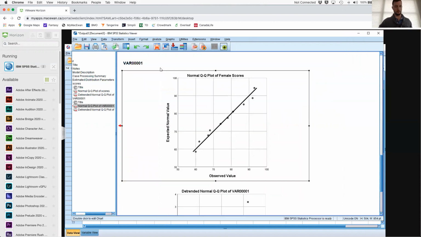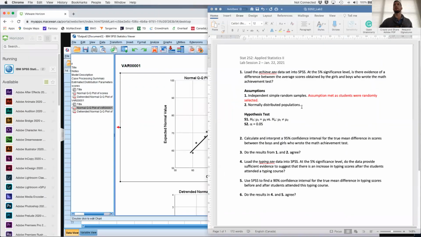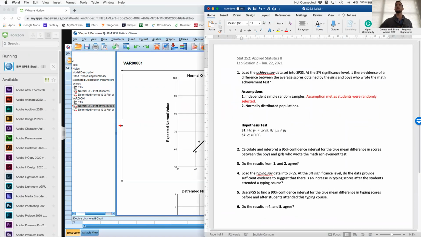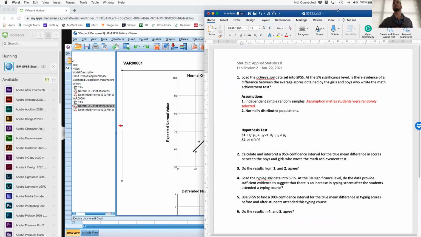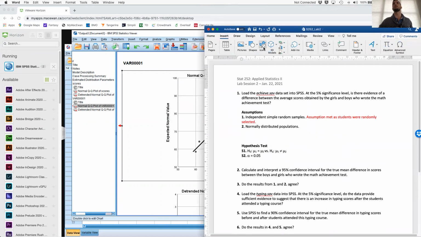All right, and then we can screenshot this as well. All right, and now below here, we can include each of these plots so that we have them for evidence.